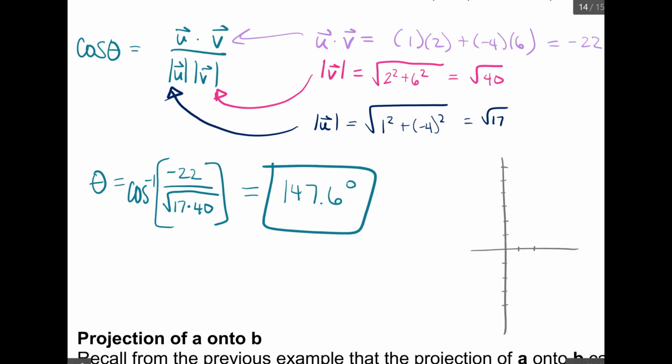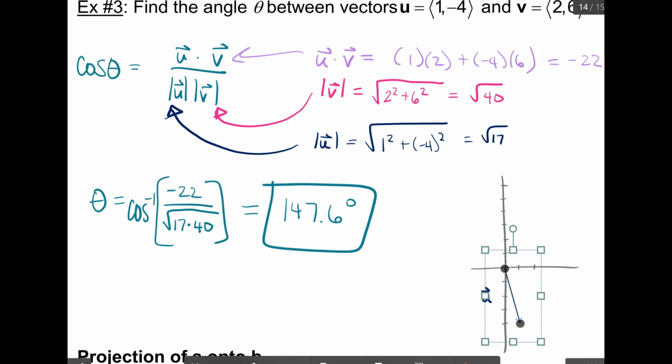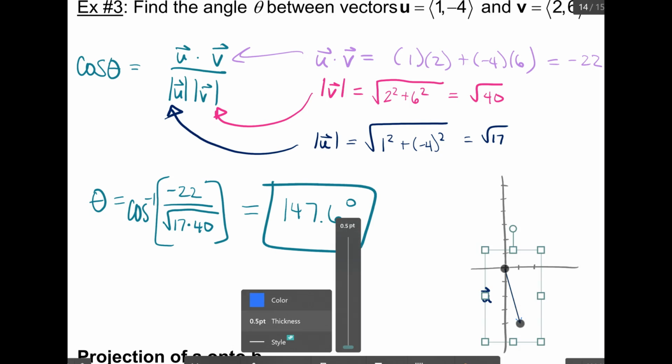Okay, so I'm going to draw my two vectors. My first vector has negative 4 in the x direction and 1 in the y direction, so it goes to here. That's vector u. I'll make my other vector darker so you can see it.